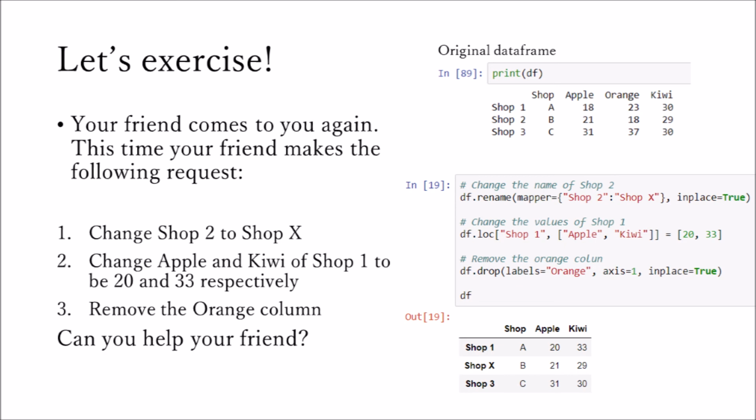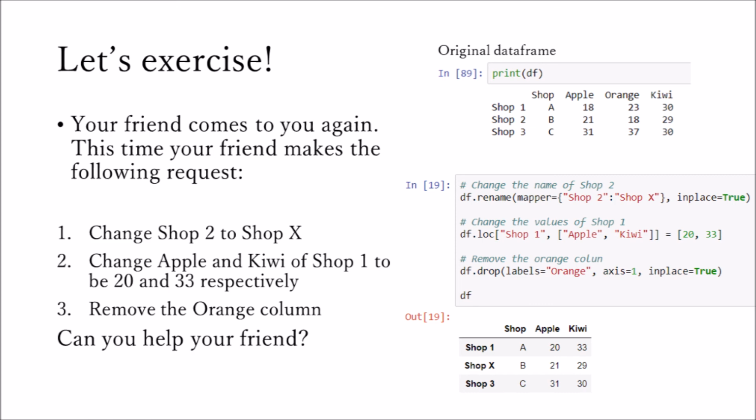Let us take a look at the solution line by line. First, we use the rename method to replace shop2 by shopx. Notice that we use inplace equals true to make sure the updated data frame overrides the original one. Then we use the loc method to call the apple and kiwi columns of shop1 and assign them with the necessary values.